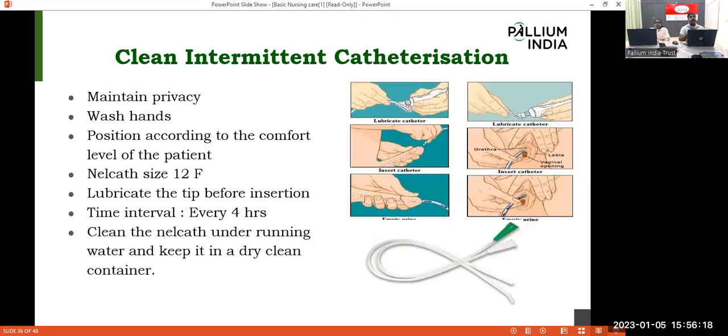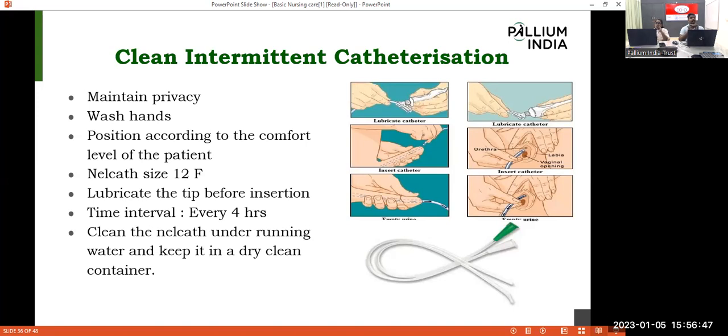This one is intermittent clean catheterization, mainly a silicone Nelcat tube is used for it. For this process also, if the patient is able, we will make the patient do this process by themselves. For that, maintain the privacy of the patient to preserve dignity.